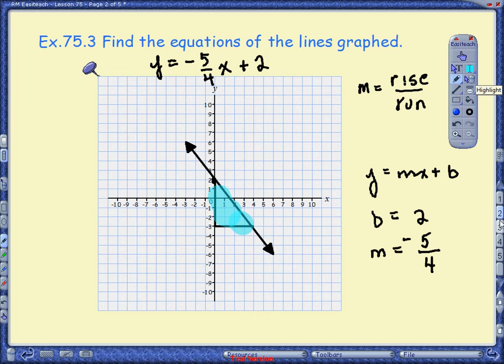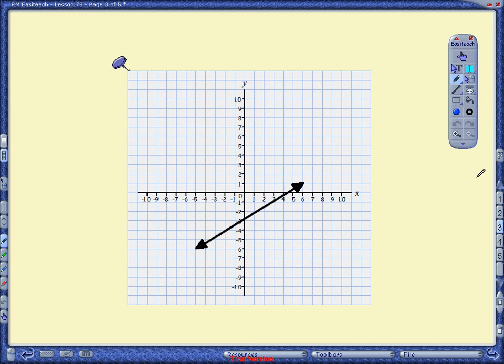Okay, the next equation here. Now we have another line. Again, we're going to use y equals mx plus b, and we're going to find b, and we're also going to find m. This line is going uphill as we move from left to right, so that means that m, our slope, is positive.